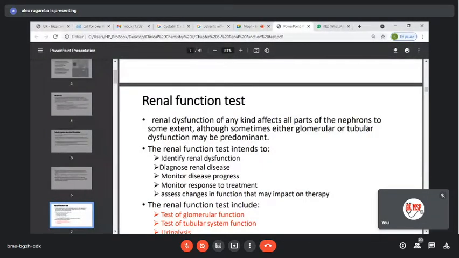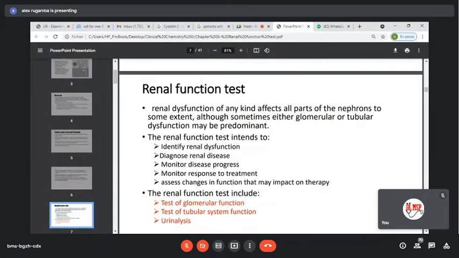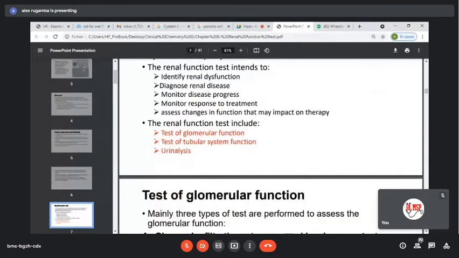So the renal function tests also play an important role there. These tests include glomerular function tests, tests for tubular function, and urinalysis. So we will go one by one and see what the tests for glomerular function are.